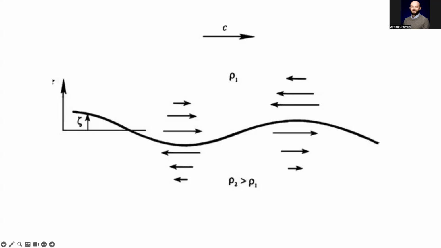Now, for hydrostatic balance, we said things like d average/dt must be 0. So we said d rho average/dt is equal to 0. But also what we said at the very beginning is that rho is constant horizontally.